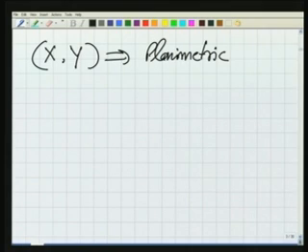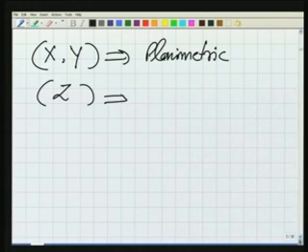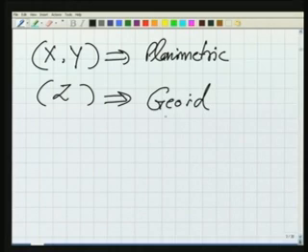Even if we are measuring along the curvature, we will consider that distance to be the distance on a flat plane. However, for z, we can't do so. We have to measure our z from the geoid. So by some means, we have to establish the geoid, we have to establish the level surface, and we have to find the relative heights or the reduced levels from the geoid.